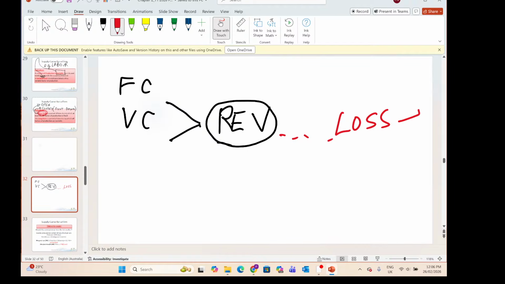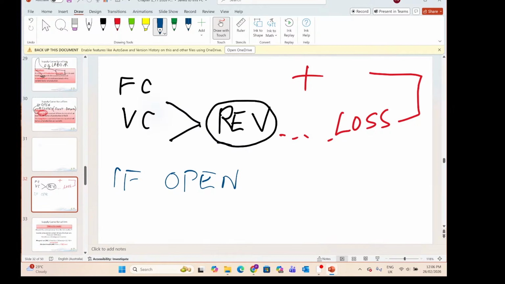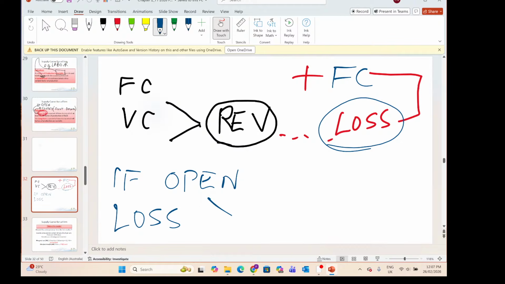And as well as that loss, you will also have to pay your fixed cost as well. So we add the fixed cost. That means that if you open, you have two losses: the fixed cost, and the loss relative to the variable cost. So if you open, the loss is greater than the fixed cost.